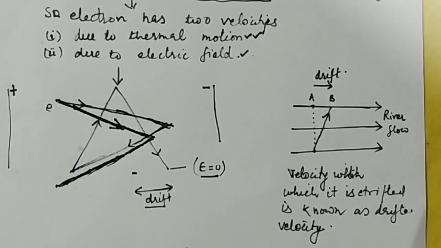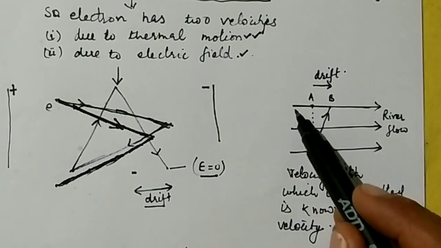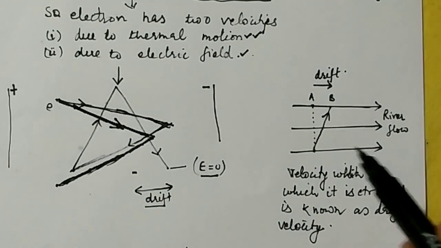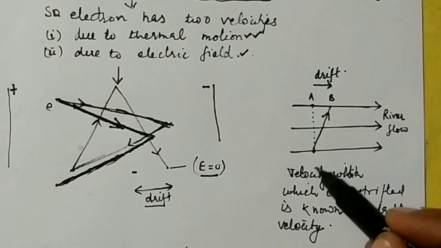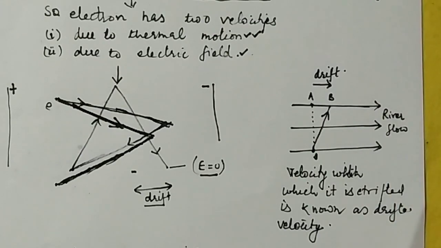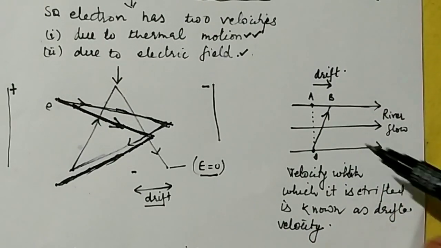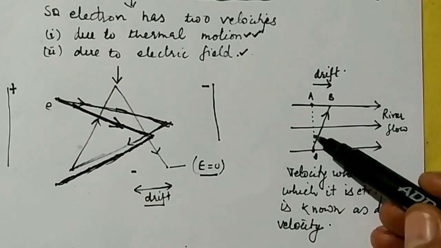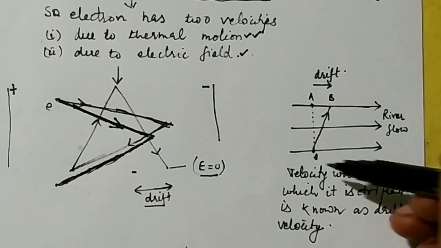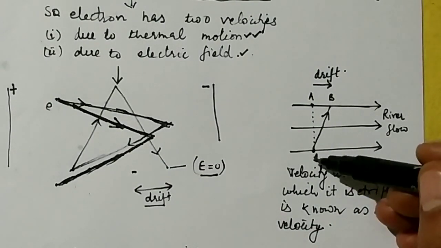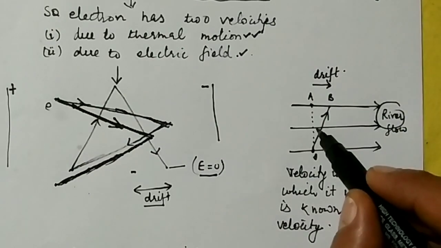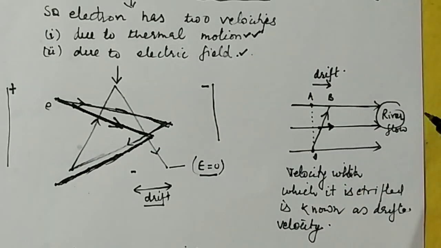To understand it, I have drawn this diagram. Suppose the river is flowing in this direction. Now I want to cross this river from this point O to this point A. I will start the journey, but when I am crossing, because of the velocity of the river, I will be pushed in this direction.